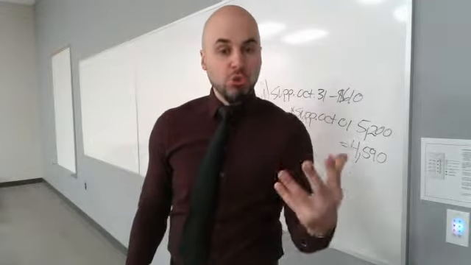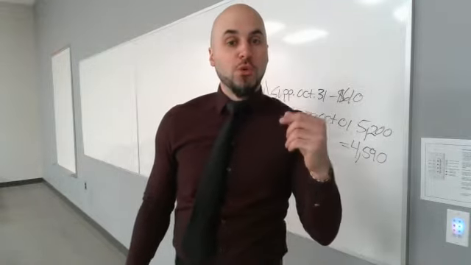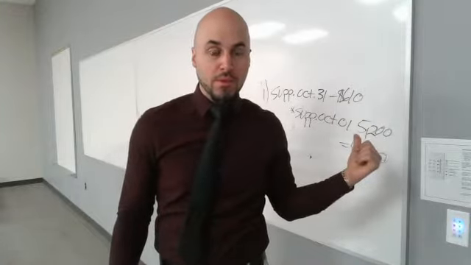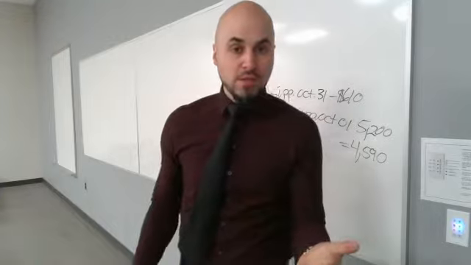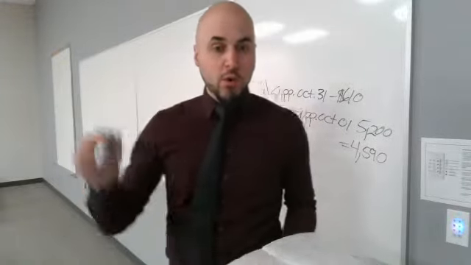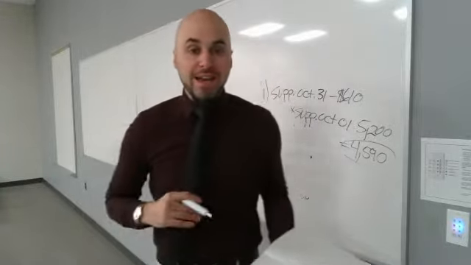If something is used, it is an expense. Which specific expense? With this, supplies expense. Go to the ledger, find the supplies expense account, debit it for the amount that you used, 4,590.